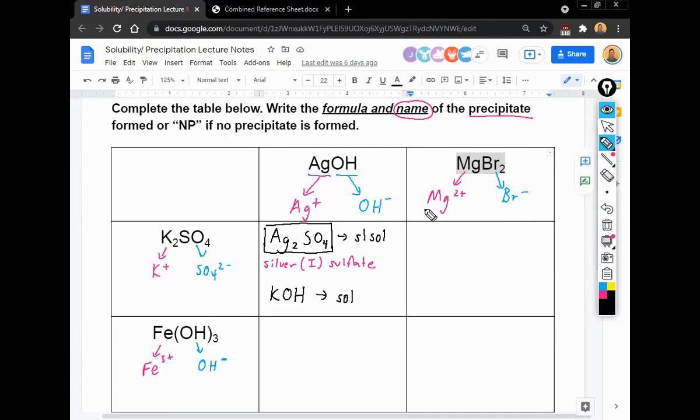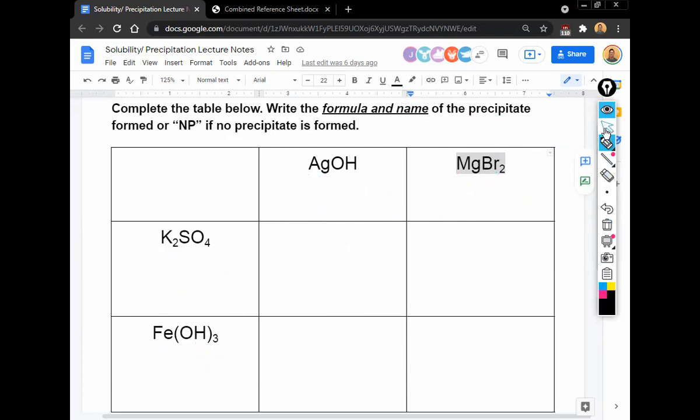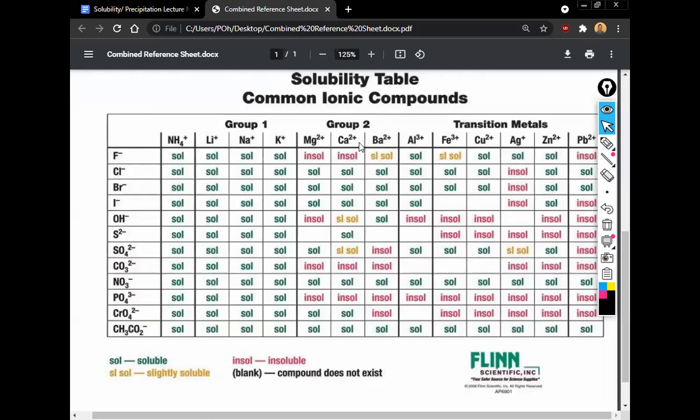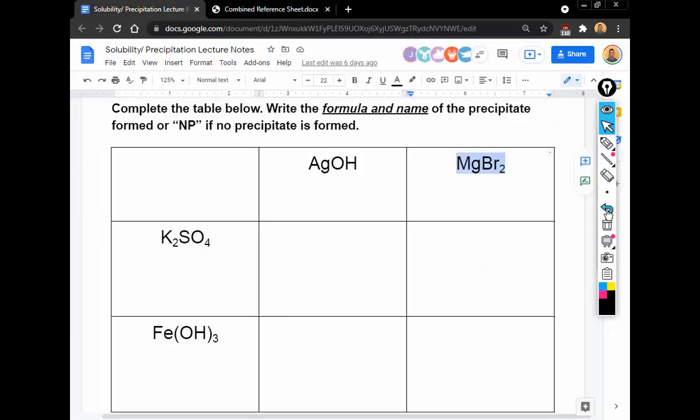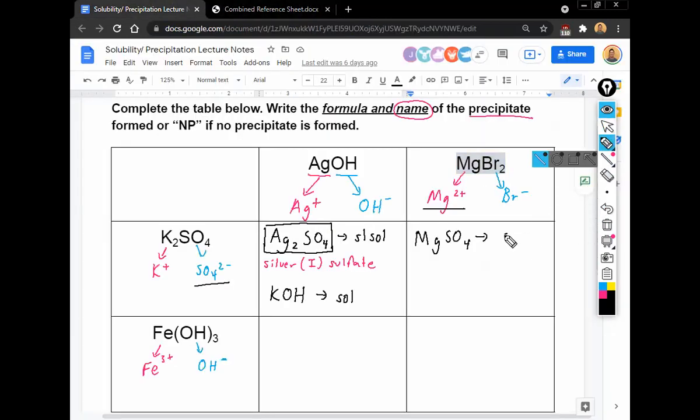If I take the positive of one and the negative of the other, I'm going to put Mg and SO4 together. Since it's positive 2 and negative 2, they balance each other out. I'm going to go to the solubility table and look up Mg and SO4. It looks like it dissolves in water, so we would write that this one is soluble, dissolves in water.